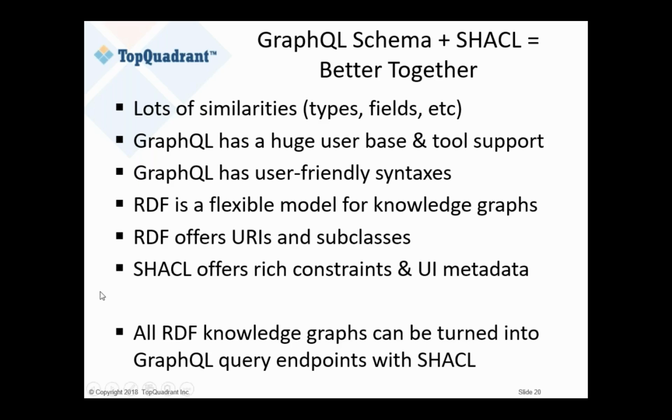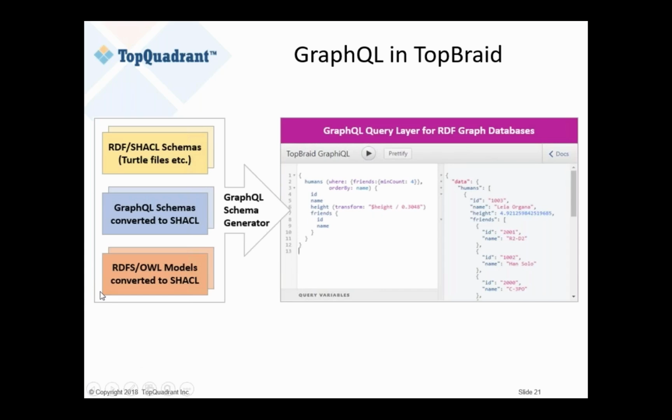So, the approach that we have taken in TopRate to get you started, you can either start with an existing Shackle file with your schema definitions, or you can also just start with a GraphQL schema in the native GraphQL format. Or you can start with an OWL or RDF schema file that you have. You can convert any OWL or RDF schema file to Shackle using TopRate.